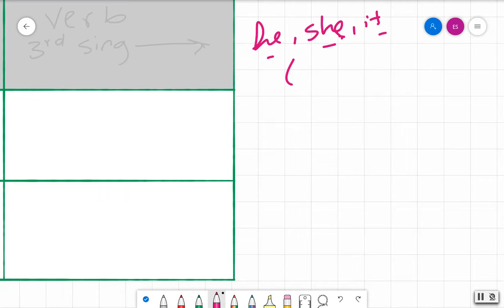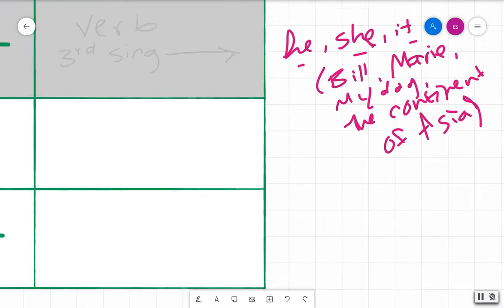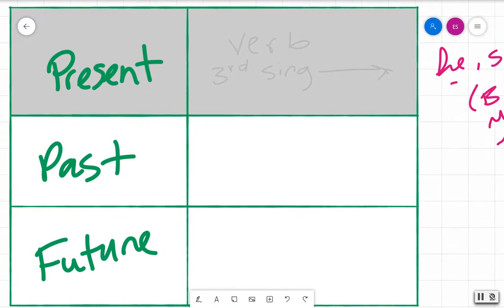So he might be Bill, she might be Marie, it might be my dog, or it could even be something more expansive like the continent, excuse my handwriting, of Asia. So he, she, or it might say specifically what the subject is, or it might just use a pronoun such as he, she, or it. But if it's third person singular, you're talking about a person or thing, and it's just one person or thing.